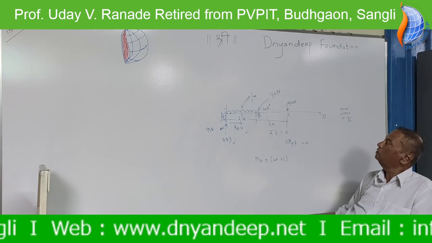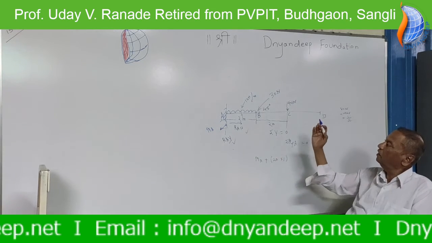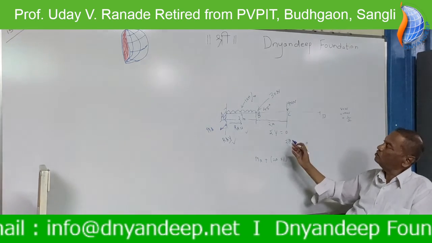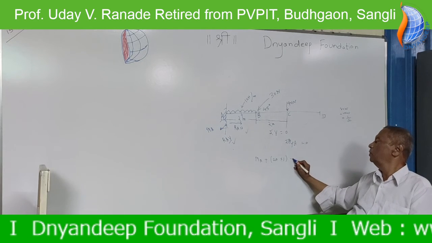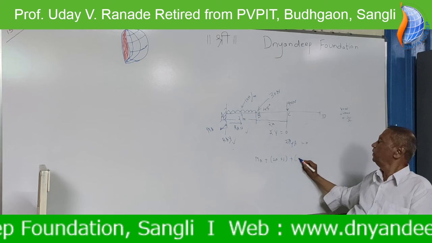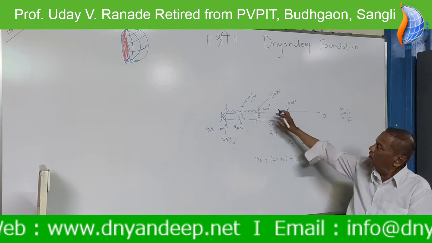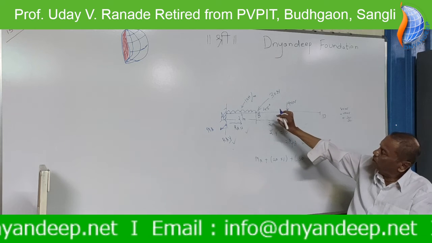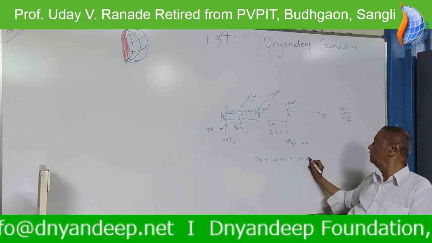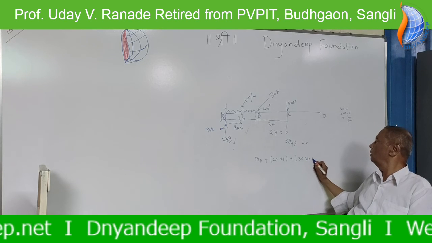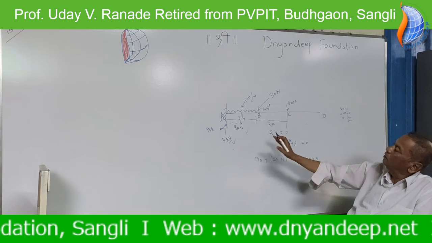Now what is the moment of 30 Newton? Its horizontal component does not have a moment, the vertical component, cos 45 or sin 45, and its moment is positive. So plus 30 sin 45 into what is the distance? 2.